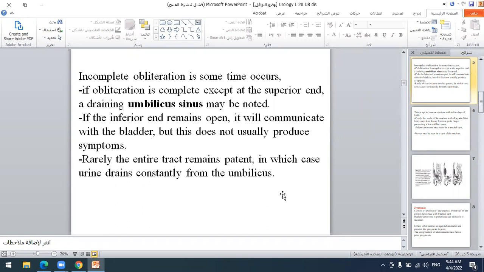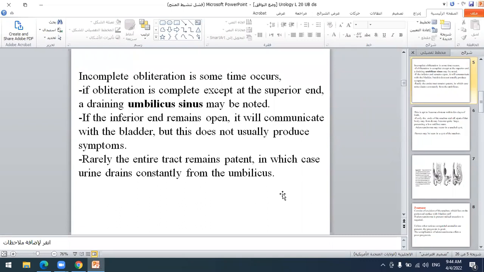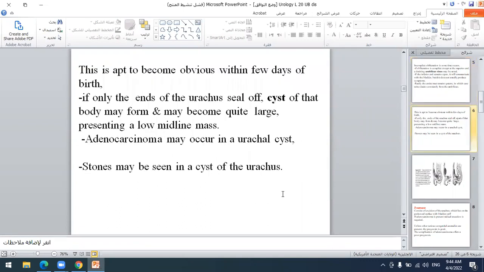Rarely, the entire tract remains patent, in which case urine drains constantly from the umbilicus. This becomes obvious within a few days of birth.